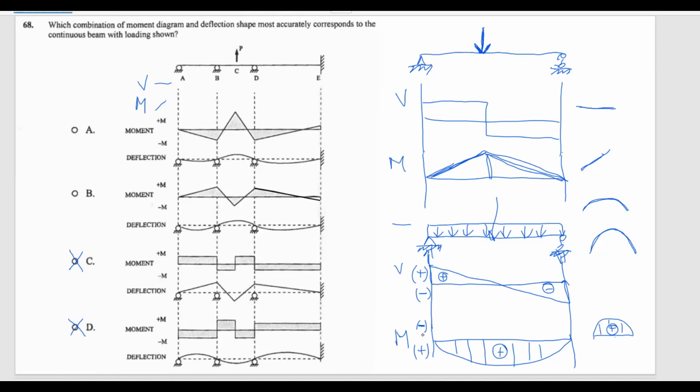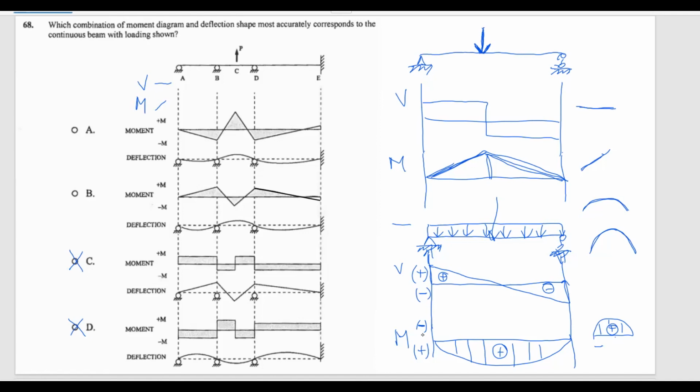As long as you show the sign, it is okay to do this. The reason our professor told us that you can draw the moment diagram this way is that the deflected shape resembles the moment diagram when you draw it like that.